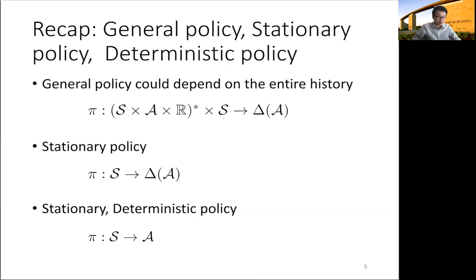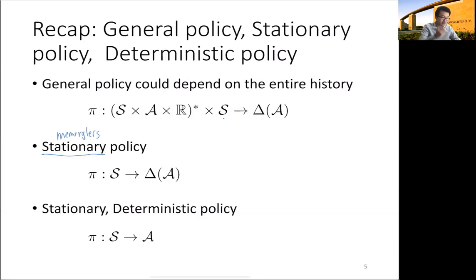Then there are simpler policy classes like stationary policy and stationary deterministic policy classes, which depend only on the current state. Stationary is a highly overloaded word. In the context of reinforcement learning, stationarity usually refers to memoryless.